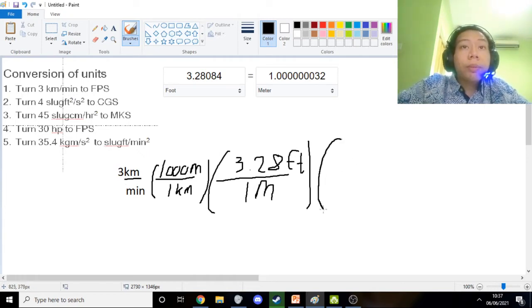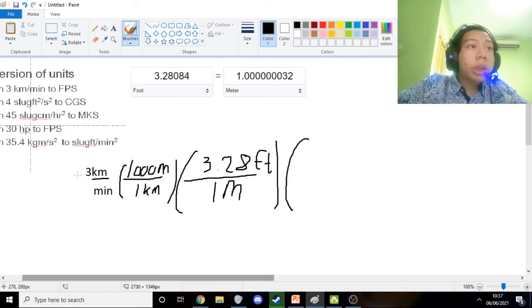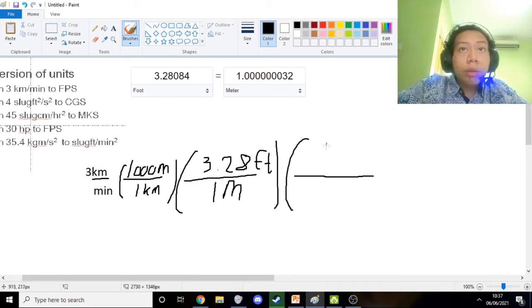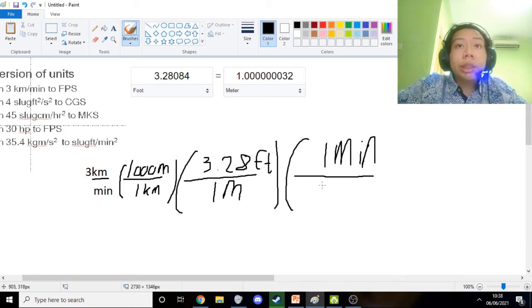So okay, in order to cancel minute, we put the minute on top of the fraction, and 1 minute. Okay, 1 minute is equal to 60 seconds, and we put 60 seconds below.